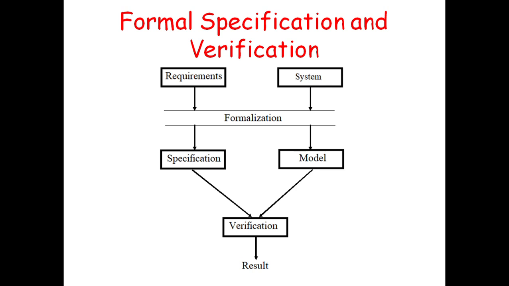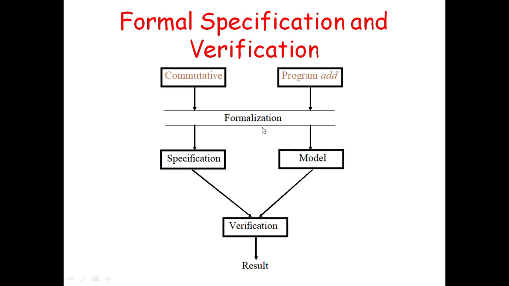To map this flowchart to our example program 8, our system is program 8 in this example, and that system is a software system. The requirement that we want to satisfy for this system is the simple commutative property.